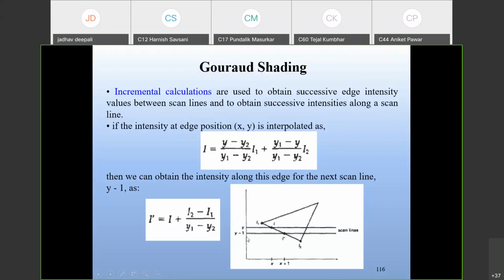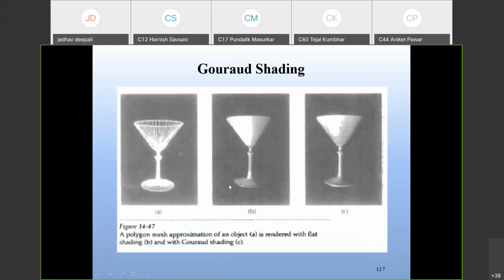In this scan line, these two are intersecting points, so we find the intensity at these two points and then combine them. If we draw the next scan line in this way and identify the intensity at the intersection points, that is Gouraud shading. The example is shown here.